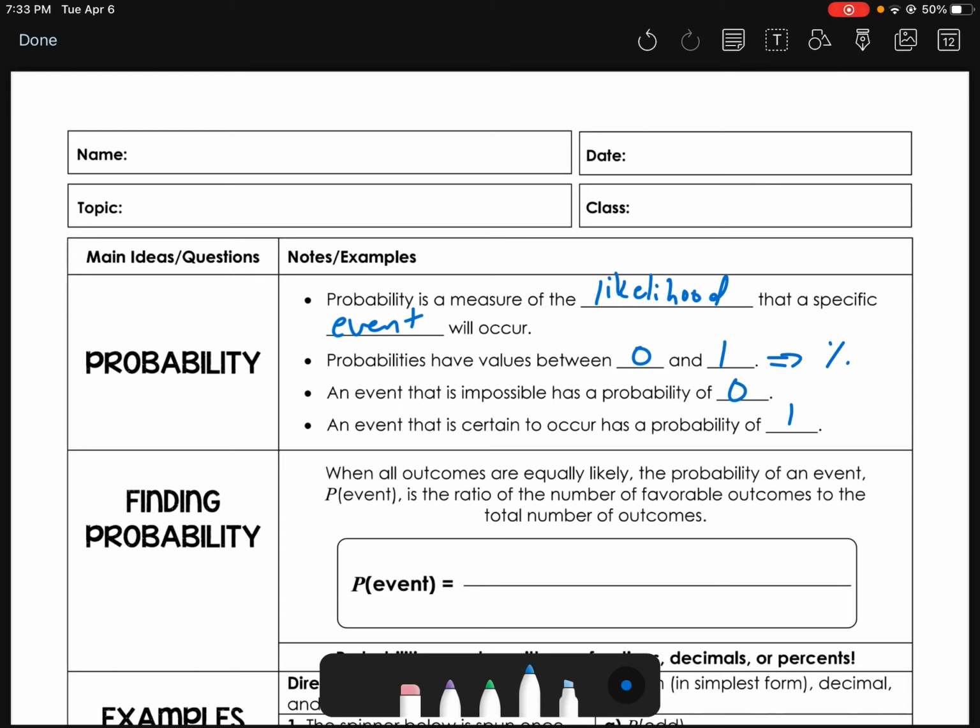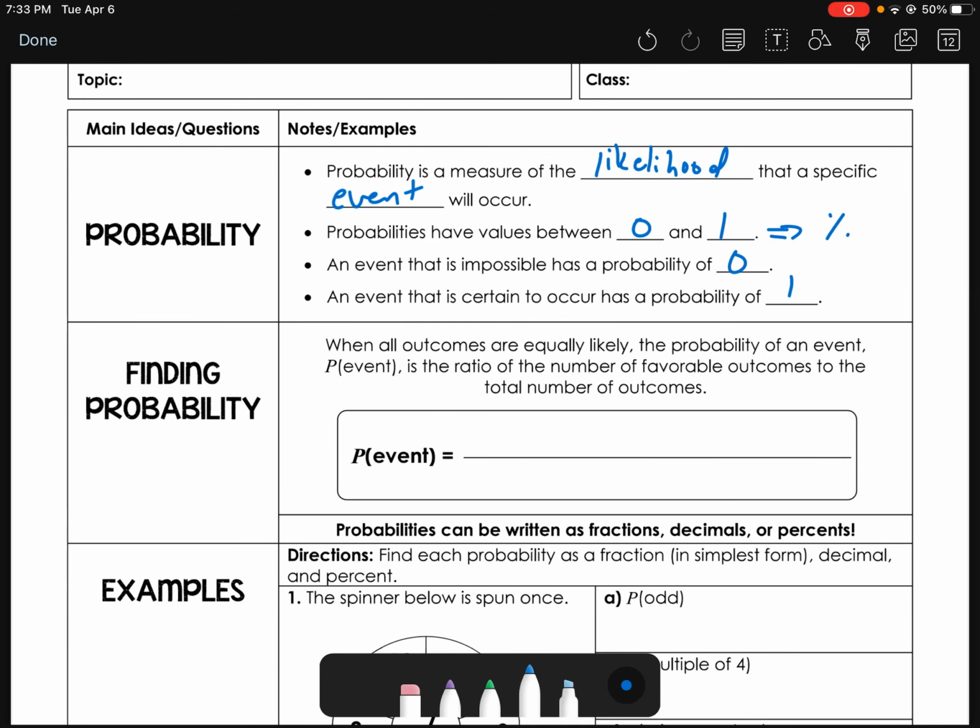When all outcomes are equally likely, the probability of an event, P(event), is the ratio of the number of favorable outcomes to the total number of outcomes.